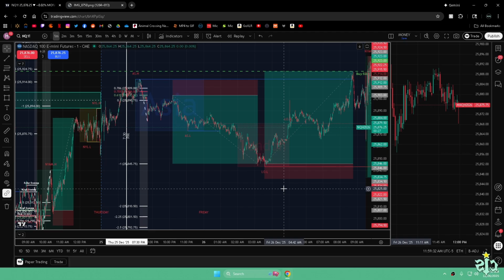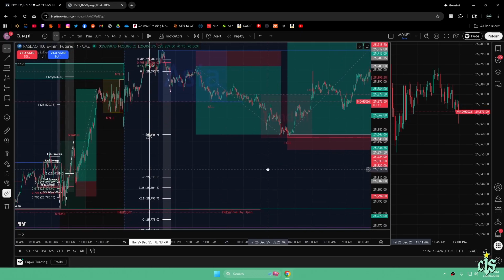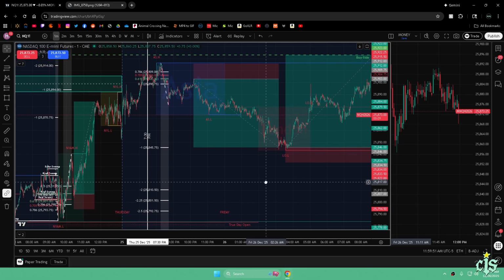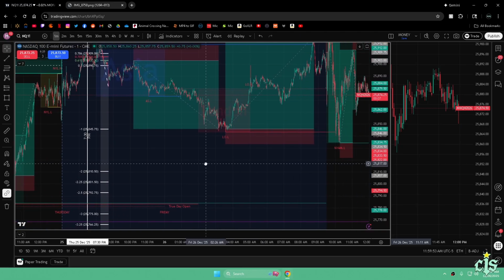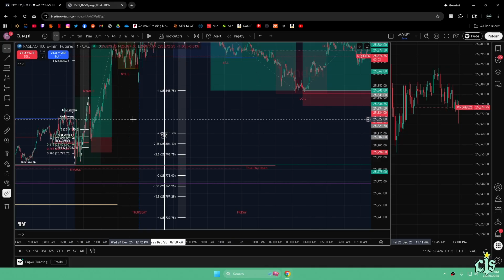But yeah, make sure you're drawing your fibs, but don't get too caught up, right? You don't want to be drawing so many fibs to where you don't even know which one is gonna tap, because there's just a lot of levels to look at.